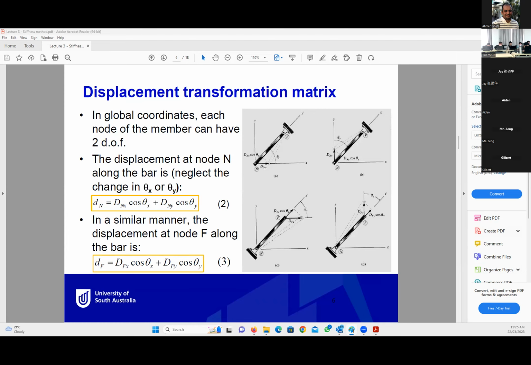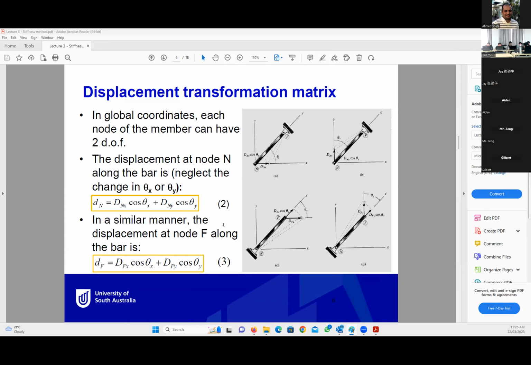At each node, we assume that we have movement in X, and we get the displacement, and we assume a displacement in Y, dny, and get the displacements, and we assume horizontal displacement at F, and we get the displacement. We assume a vertical displacement at Y, dfy, and we get the displacement.